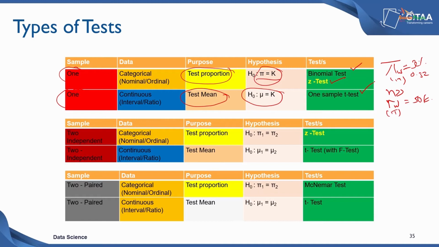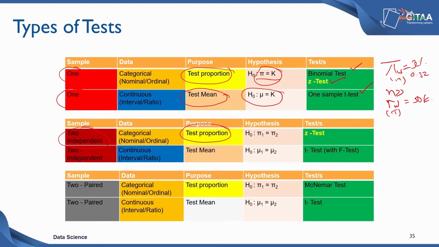And when you're dealing with two different populations, if you have two sets of independent populations, and let's say you want to test proportions. Somebody comes and says that the proportion of women working in the IT industry is very different from the proportion of women working in the manufacturing industry.